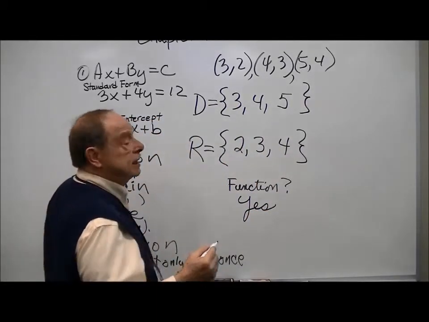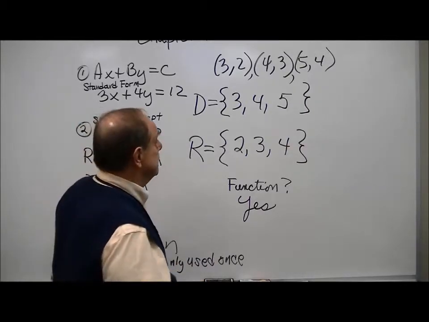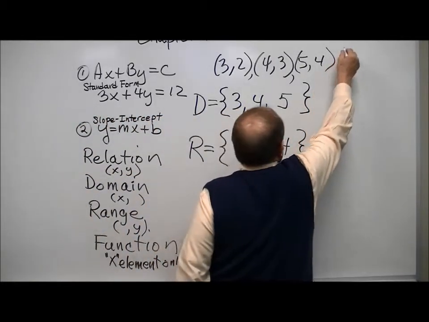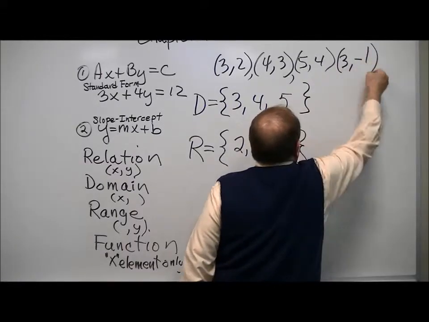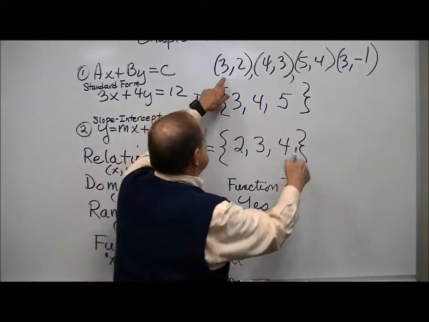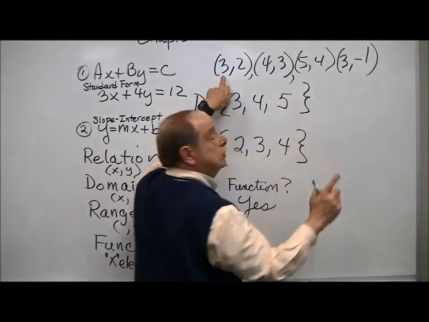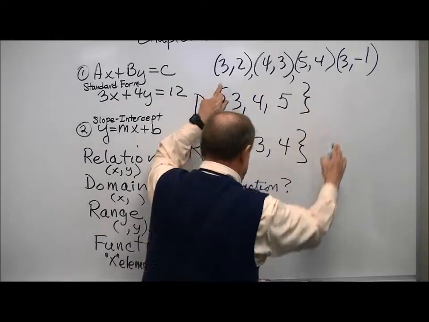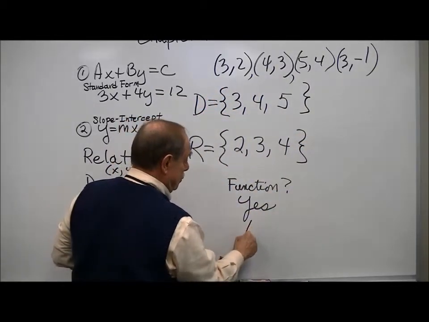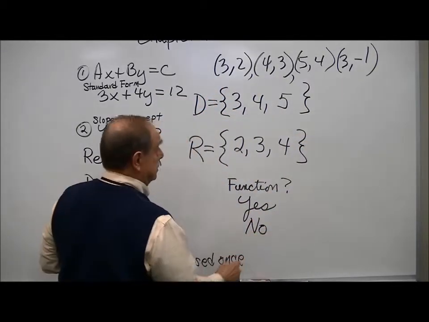Now, what would make it not a function while we're here? Well, let's suppose I had this point. And now I see the 3's are used twice. So if that were the original, the answer would have been no. It would be not a function.